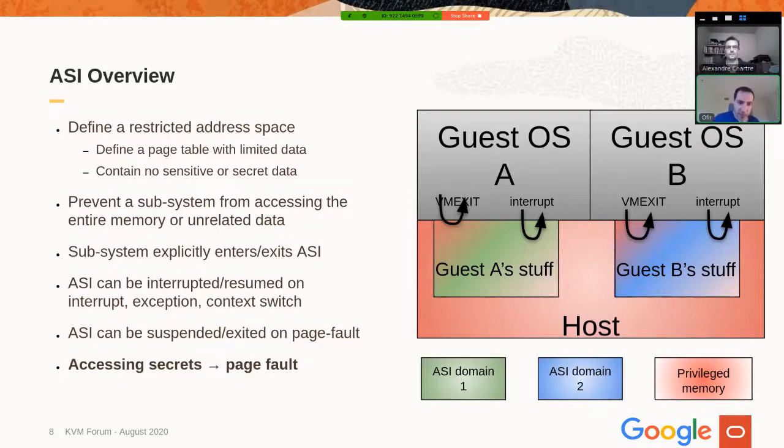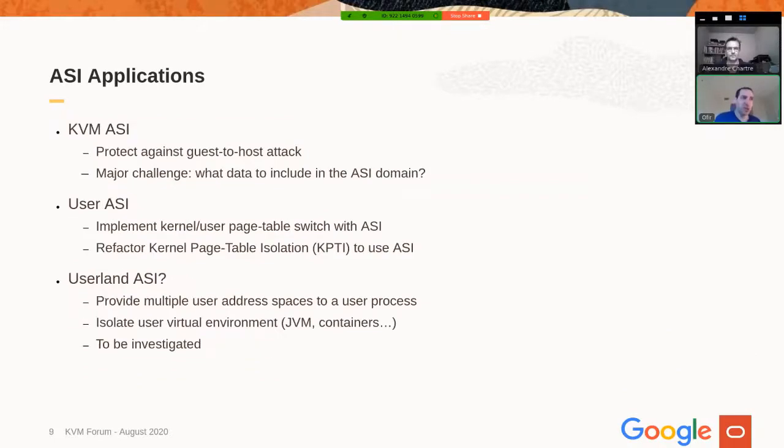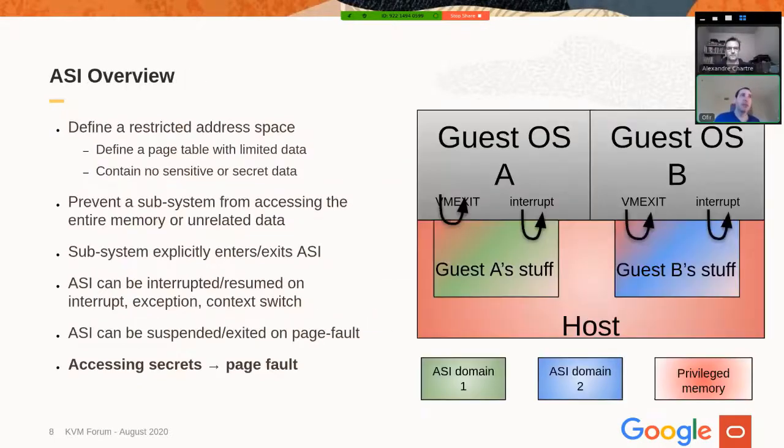And then there's also a question on how we handle interrupts, of course, but more on that slightly later on. This idea explains how to manage address space isolation for KVM. There are other options as well, and Alex now will explain what other usages we can have for address space isolation.